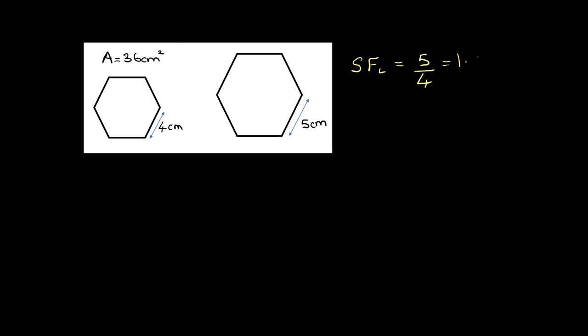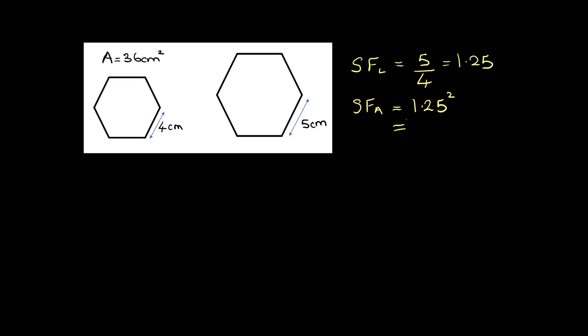In decimal terms, it's going to be 1.25. Okay, now we want the scale factor of the area so that we can work out the area of the larger size. So the scale factor of the area, remember, is the scale factor of the length squared. So in this case, it's going to be 1.25 squared.